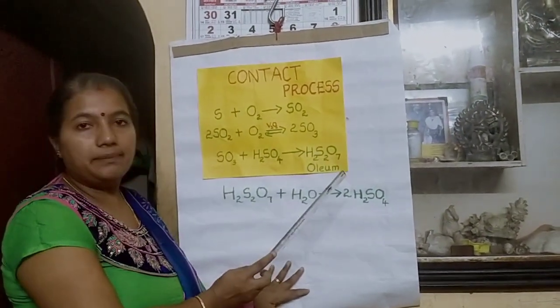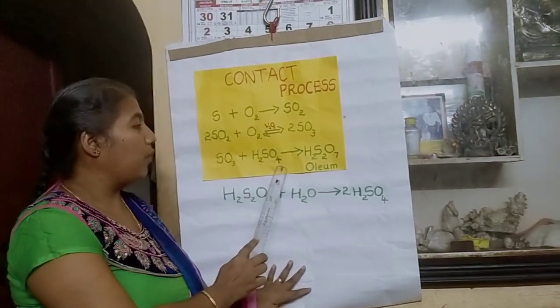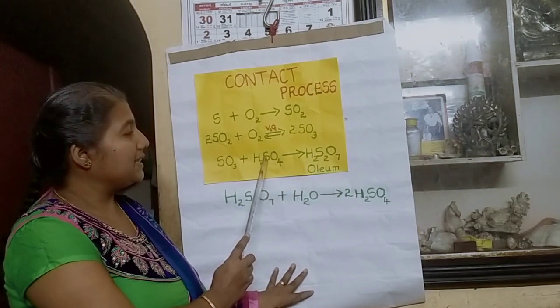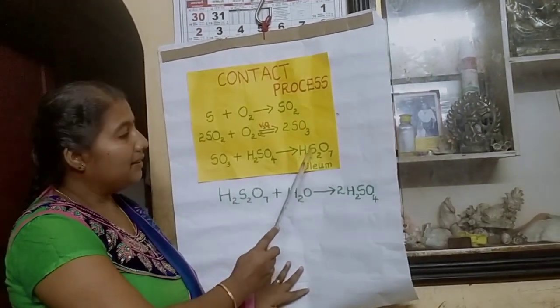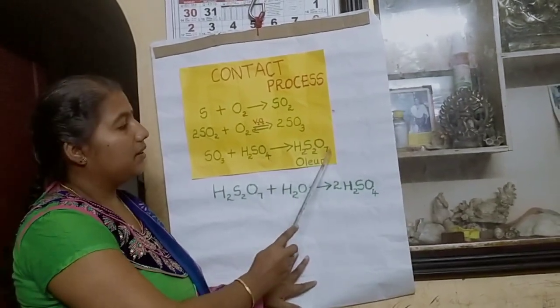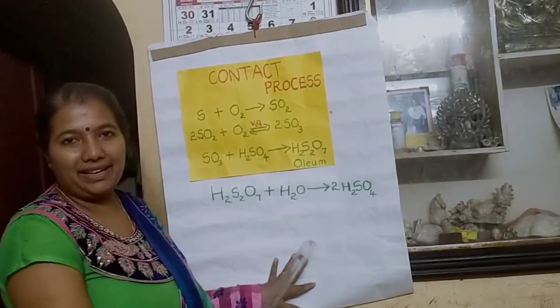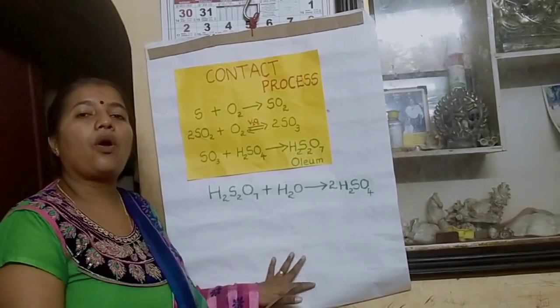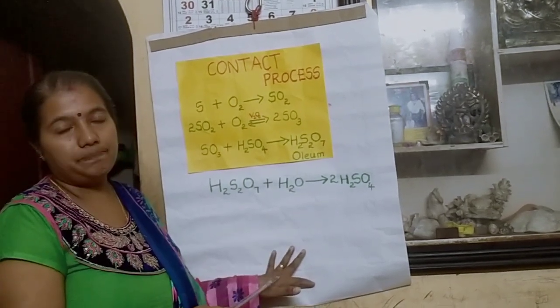It is very simple to write: SO3 plus H2SO4. How many S are there? 2 S, 2 hydrogen, then oxygen 3 plus 4, 7 atoms. That is why H2S2O7, an important product in the preparation of sulfuric acid.